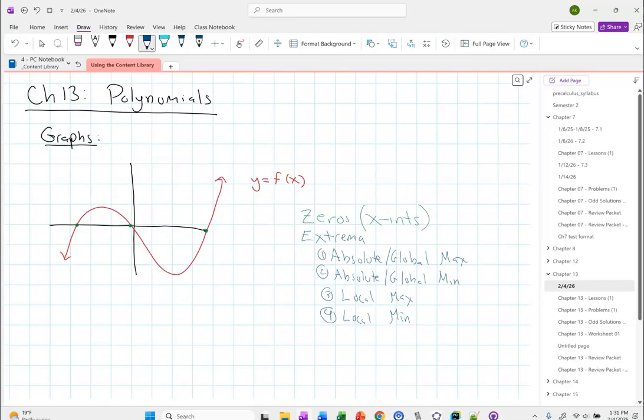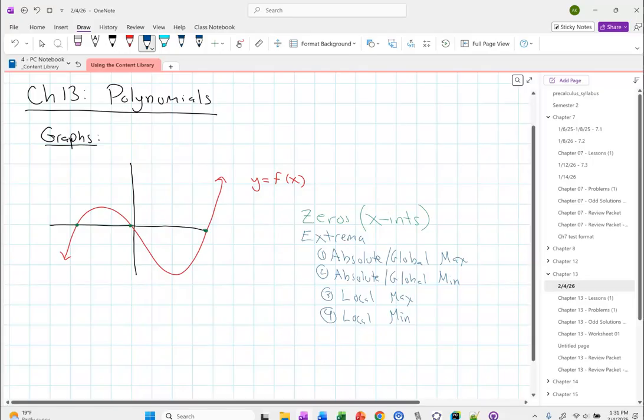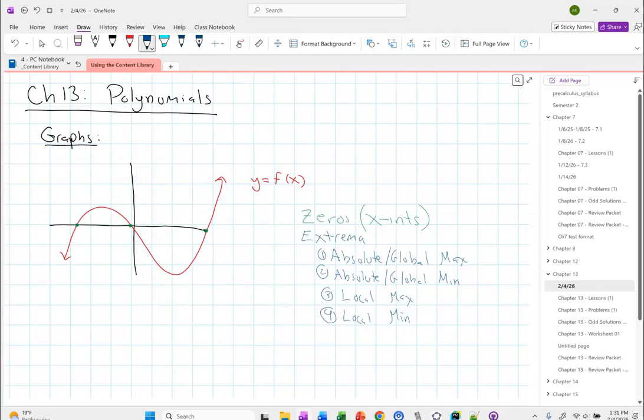Actually, the plural for maximum is maxima. Then absolute or global minima, local maxima, and local minima. Now, any polynomial graph may have 1, 2, 3, 4, or 0 of these. They may have all 4, they may have none of them.